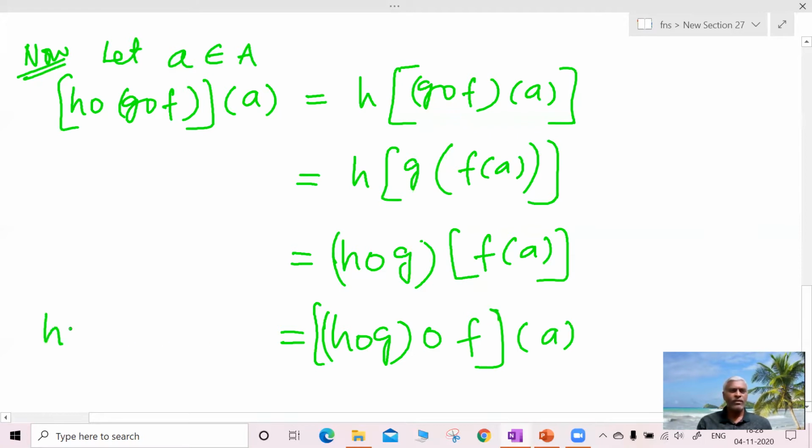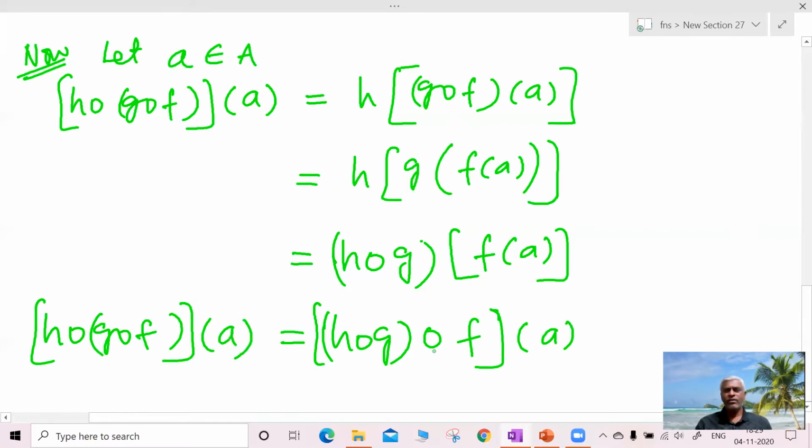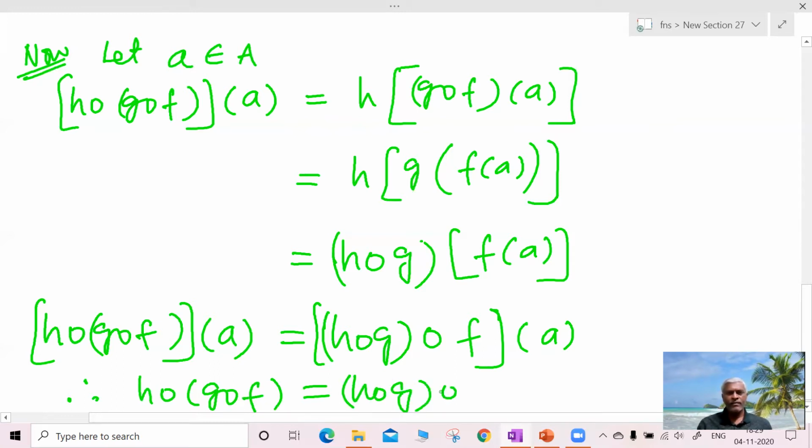So H circle, G circle F of a is equal to H circle G, circle F of a, that is, the range is also equal. Therefore they are equal.